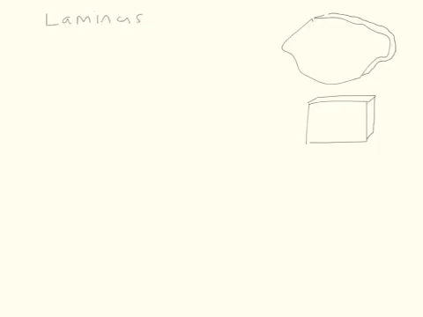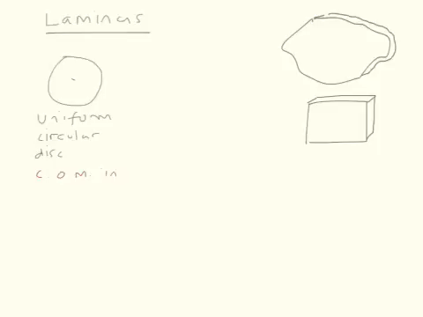So what we're going to look at is various laminas. Clearly, if we have a uniform circular disc, then the centre of mass is at the centre of the disc.